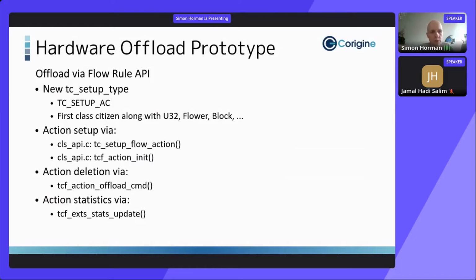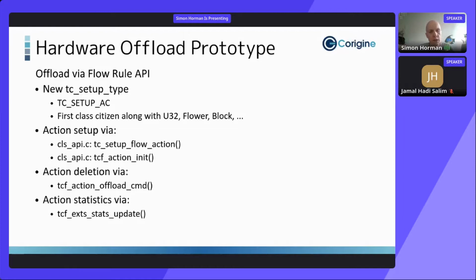And so the way we did this is we create a new TC setup type. Sorry, this has been cut up. It should say TC setup act. So this is a first class citizen, along with, well, there's many, but U32 classifier is one example. Flower is another example. Block, which is used for offloading things like lag, is yet another.